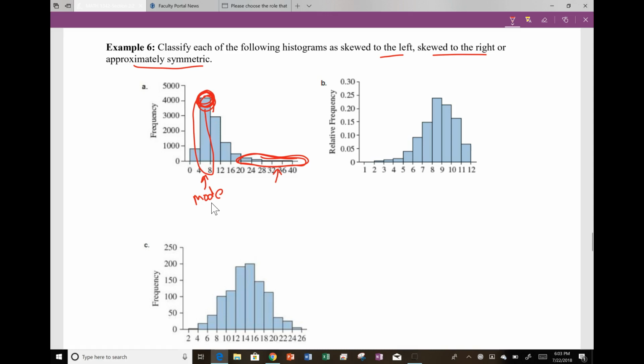Because this tail is on the right side, this is going to be right skewed, or skewed to the right. Now looking at part B of this example, again I have a unimodal because I have one tall peak. So this is my mode. And I have this lower end down here on the left. So this is going to be skewed to the left.